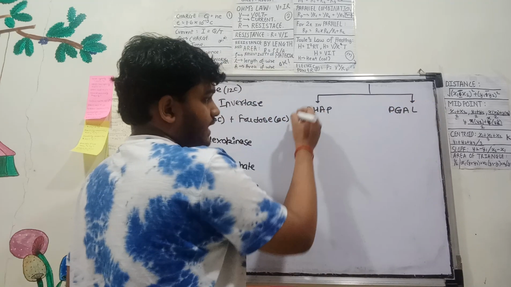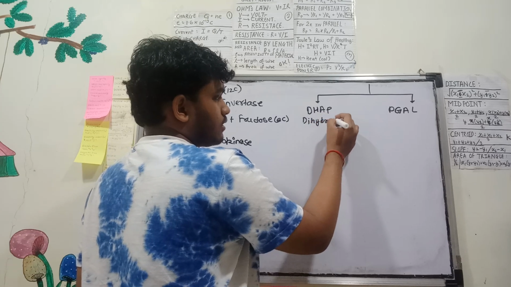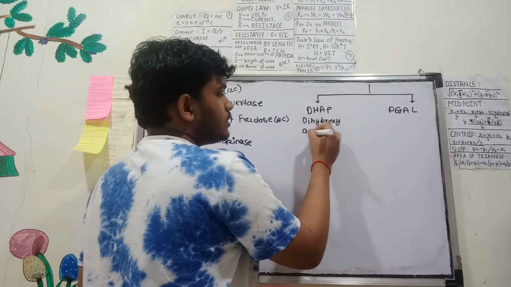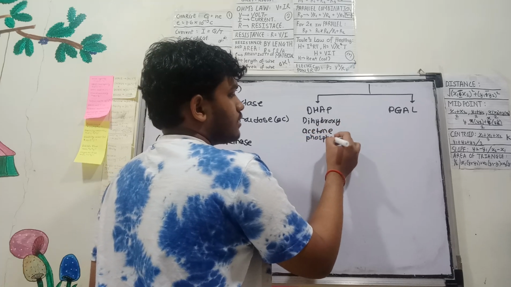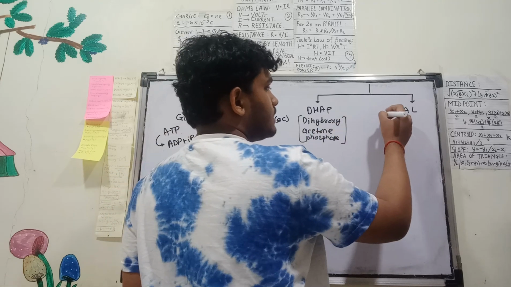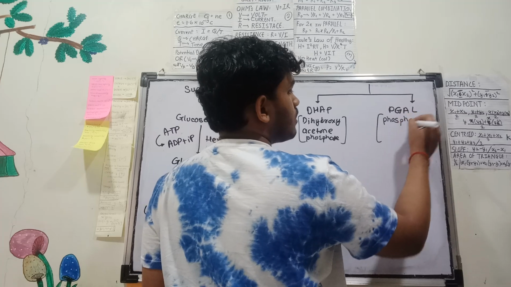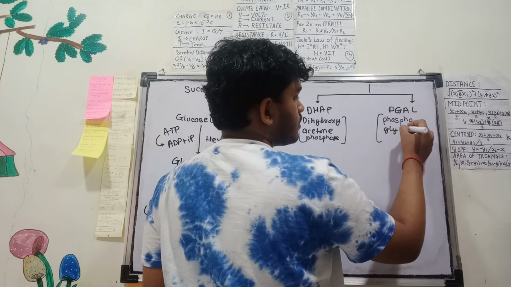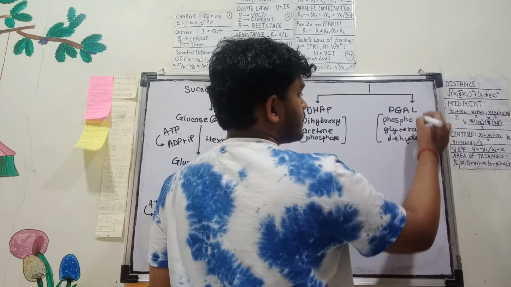The full form of DHAP is dihydroxyacetone phosphate, and the full form of PGAL is phosphoglyceraldehyde.